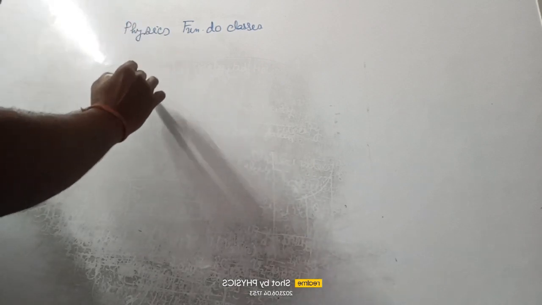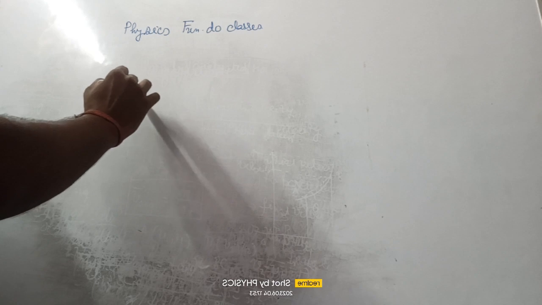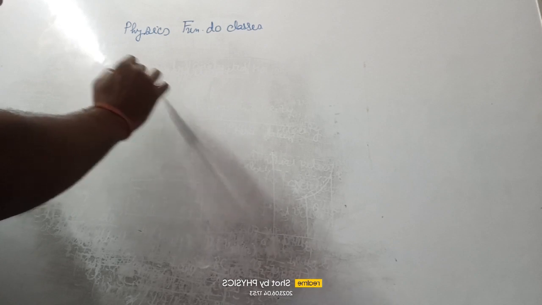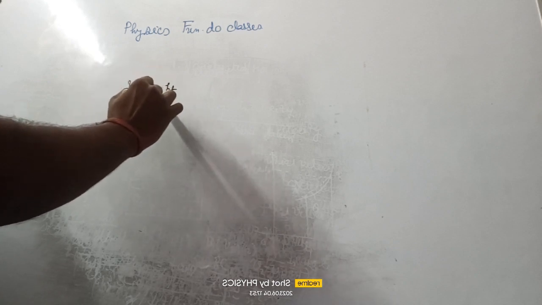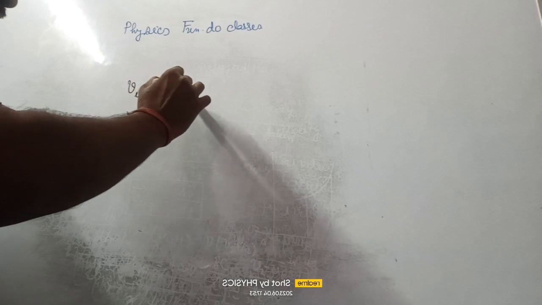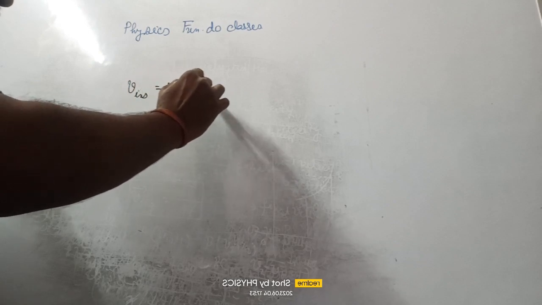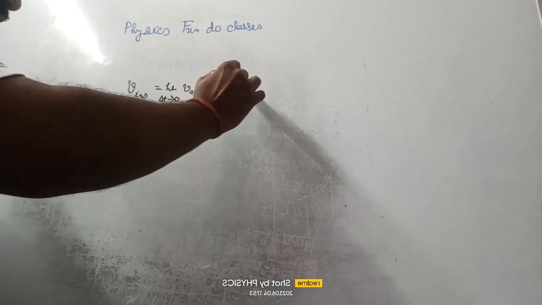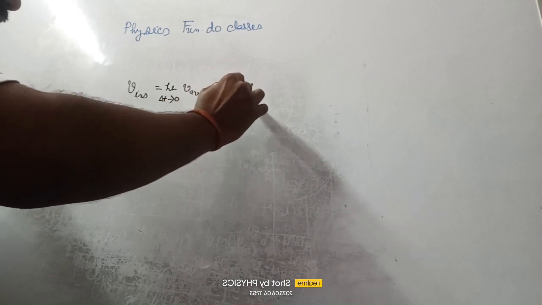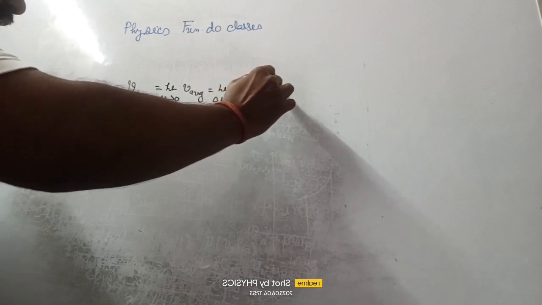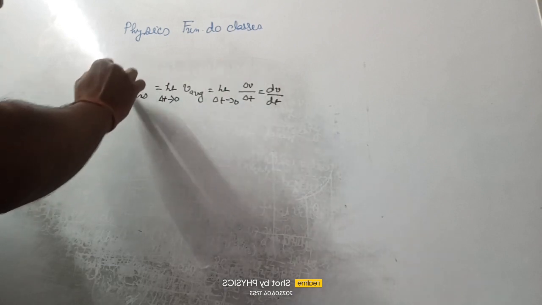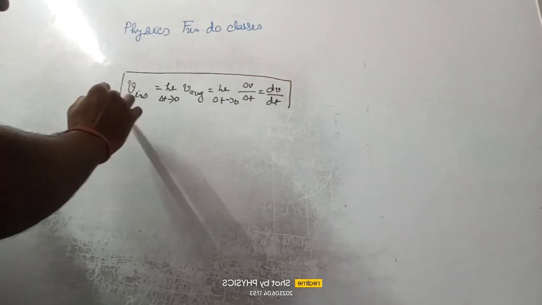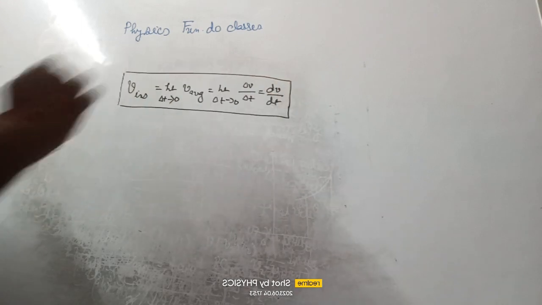So here the limiting value of average velocity, that is V avg, is equal to limit of delta t tends to 0, delta v by delta t equals dv by dt. It is the instantaneous velocity of a particle.